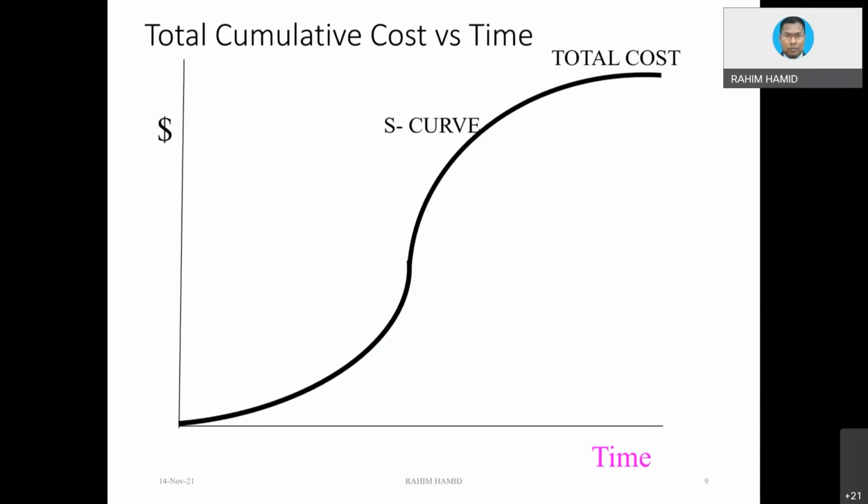Based on this, if you take whatever cost you spend over a period of time, normally that would be the case in a construction project, because of the nature of construction, we start very slow and then we build up the volume of activity, and then of course most of the spending will be happening at that particular point, and then we are going to see the reduction of activity, subsequently the reduction of costs.